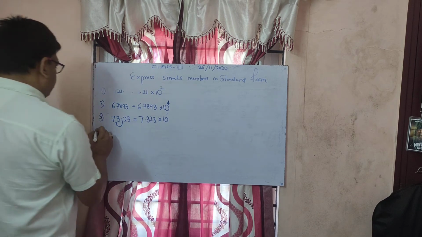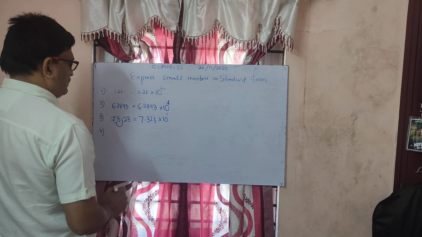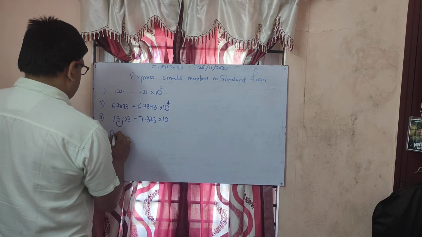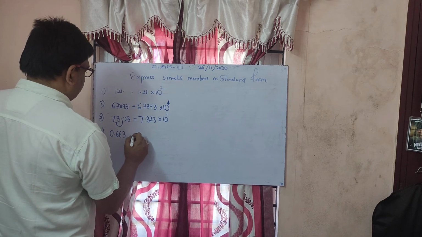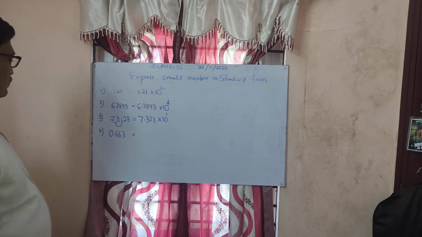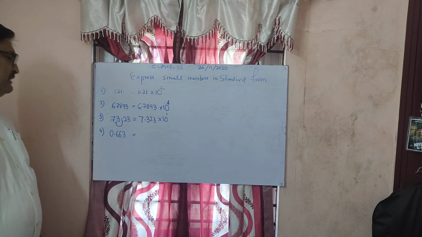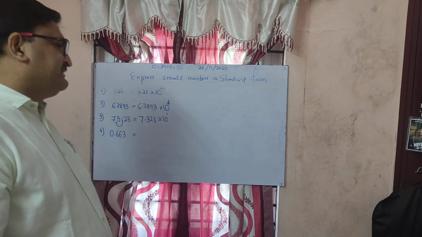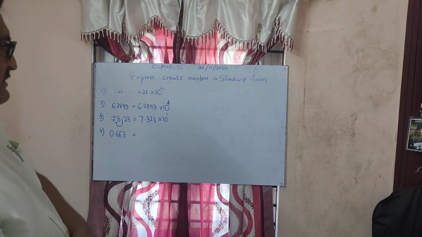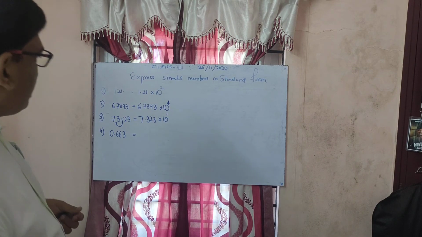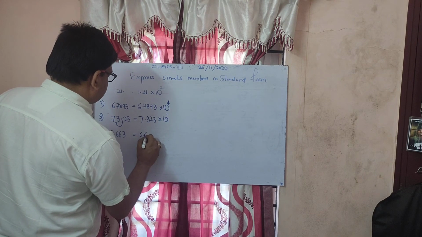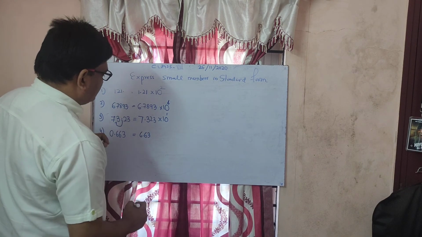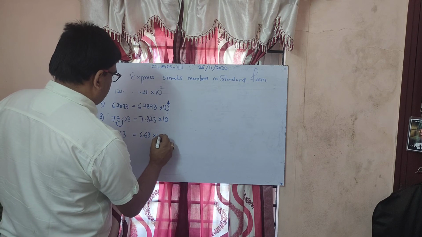Another number. 0.663. Now I will write this number as 6.63 into 10 to the power.